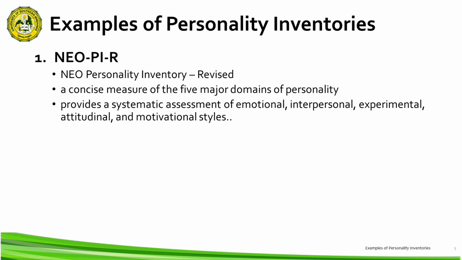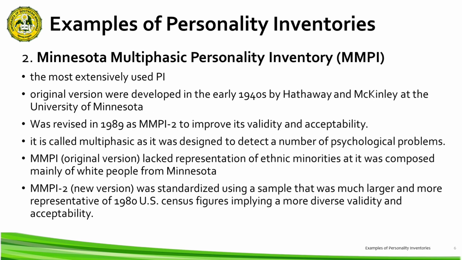So another example is the MMPI, which stands for Minnesota Multiphasic Personality Inventory, the most widely used personality inventory. The original version, the MMPI, was developed by Starke R. Hathaway and J. C. McKinley in the early 1940s at the University of Minnesota.